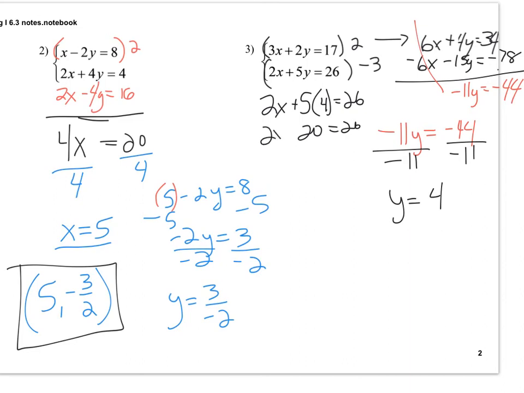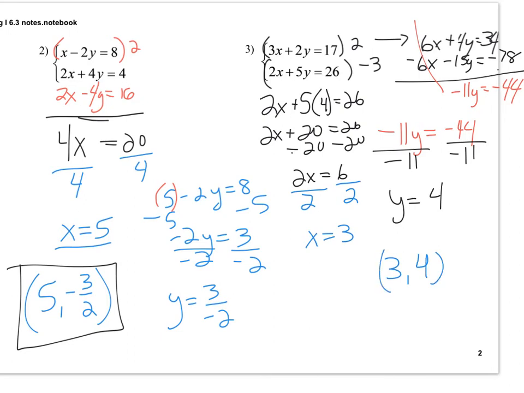Okay, 2x is still sitting there. I'm going to subtract 20 from both sides. So now I've got 2x is equal to 26 minus 20. Well, that's 6. Let's change color. I can divide both sides by 2, and x is equal to 3. And I can write that as an ordered pair, just like so.